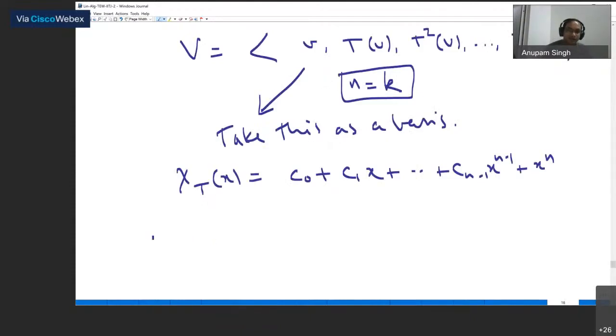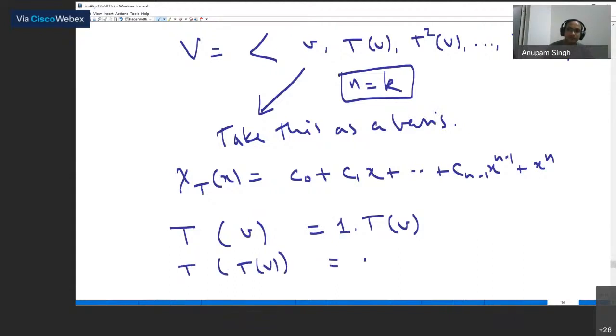So how do I write the matrix? To write the matrix, we compute T of these basis vectors one by one. So T of v is simply T of v, which is just 1 times Tv. T of Tv is basically 1 times T squared v, right?